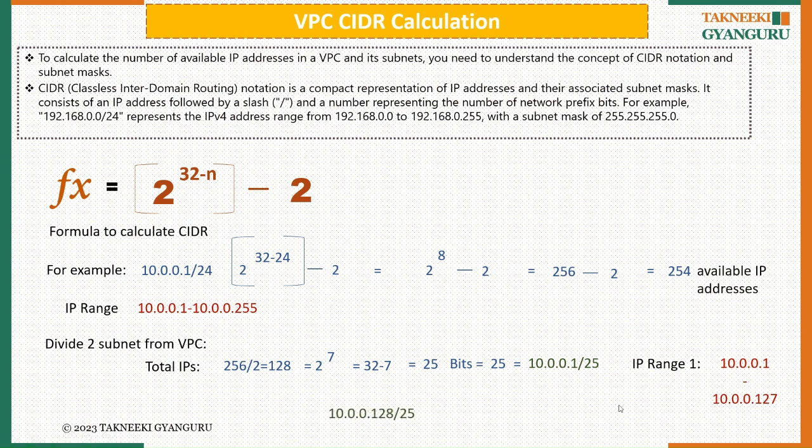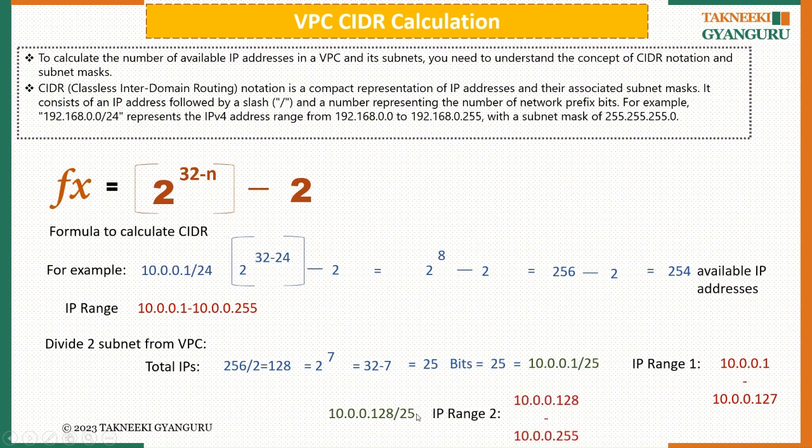Now after 127 we will have 128. We will calculate our IP addresses from after 127, because from 1 to 127 is one subnet, and the second subnet will be from 128 to 255.